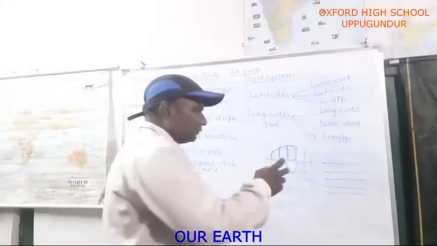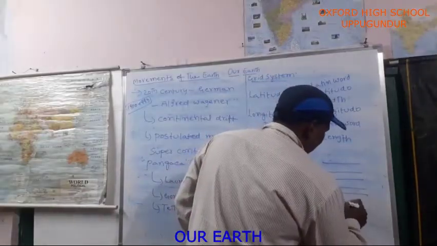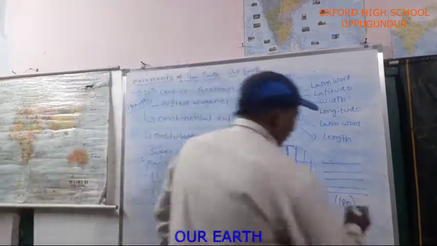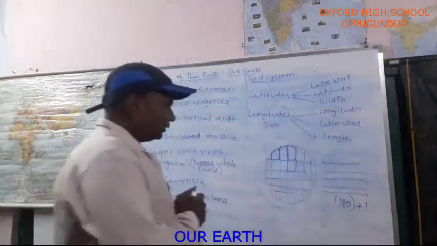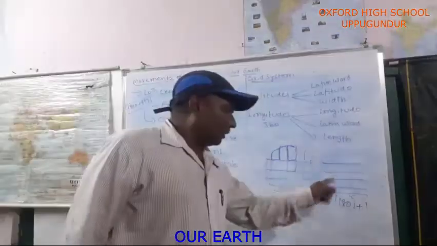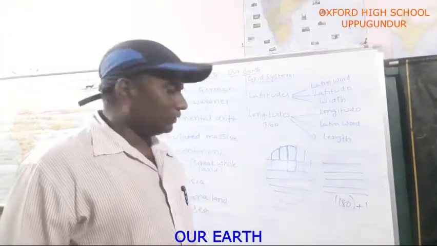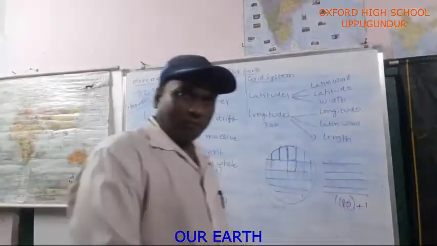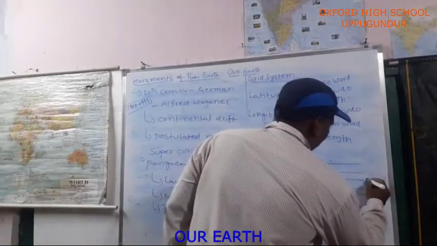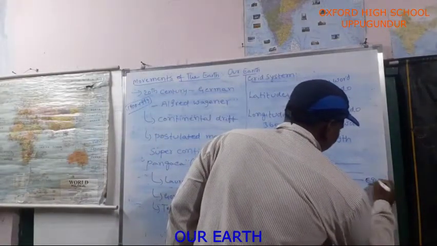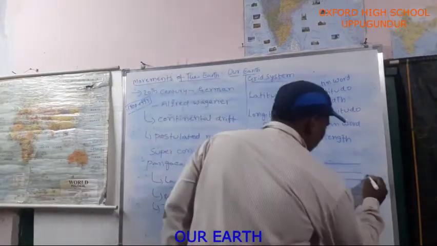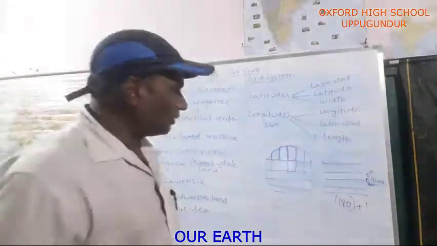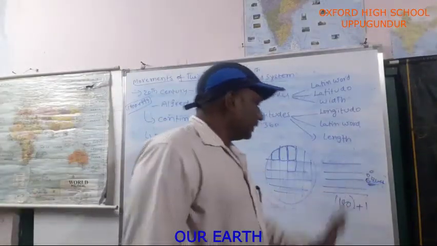How many latitudes are there? 180 latitudes, 180 plus 1. Latitudes are which lines? Horizontal lines. So the equator is also one latitude. 0 degrees latitude is the equator.